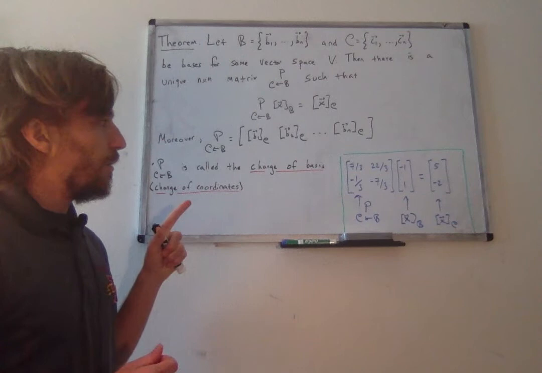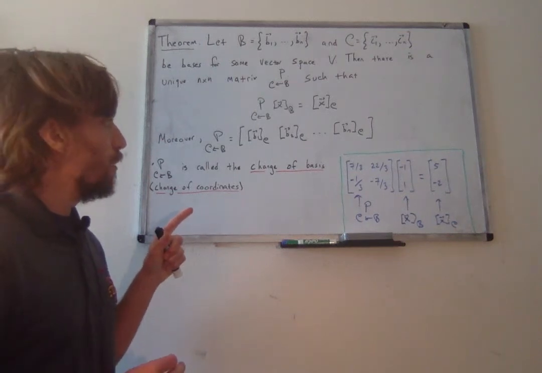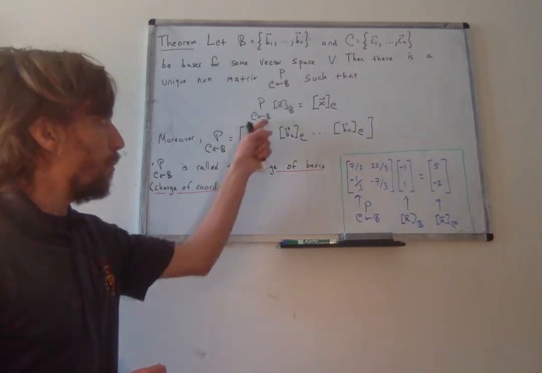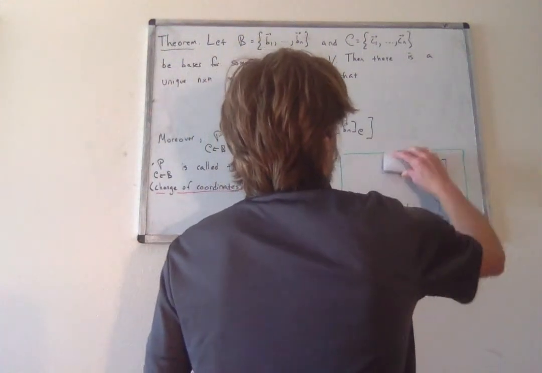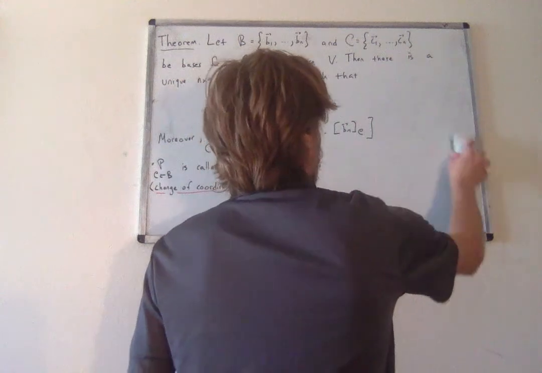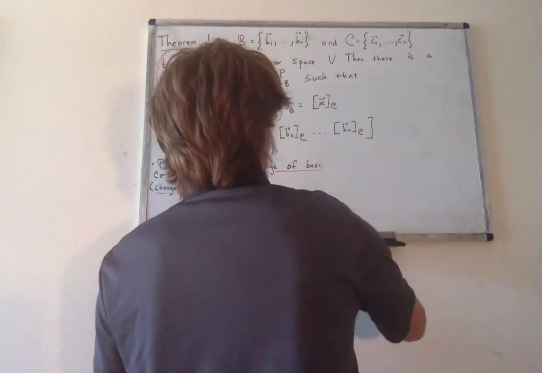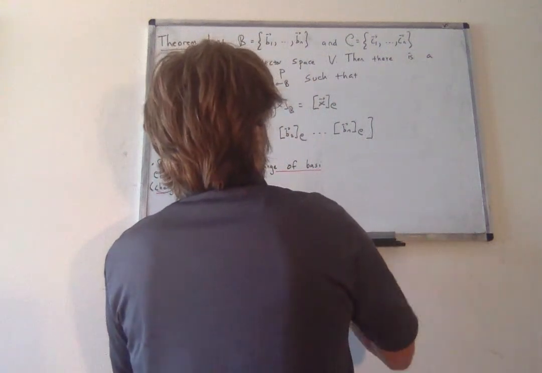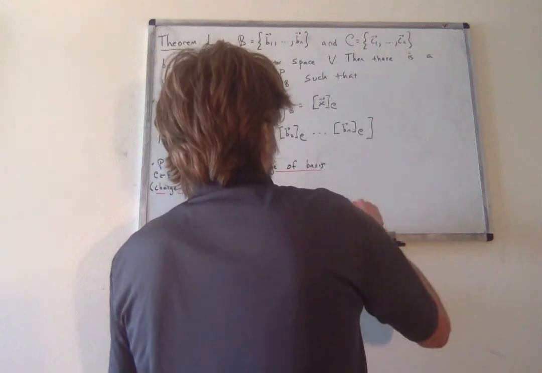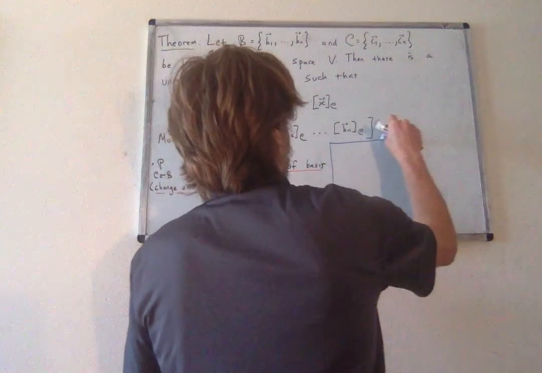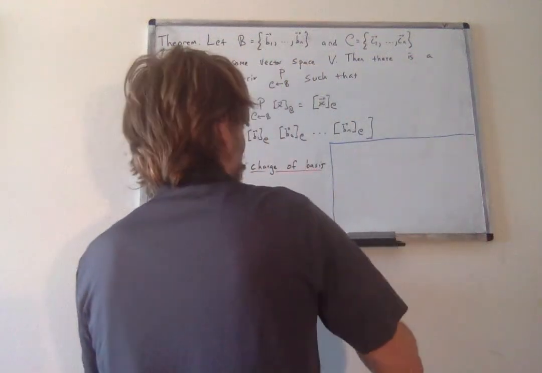So if there's a change of basis matrix from B to C, then there should also be a change of basis matrix from C to B, right? We'll make another side box here.